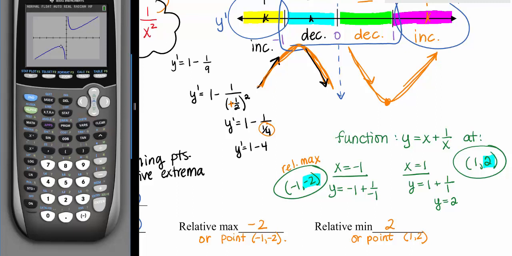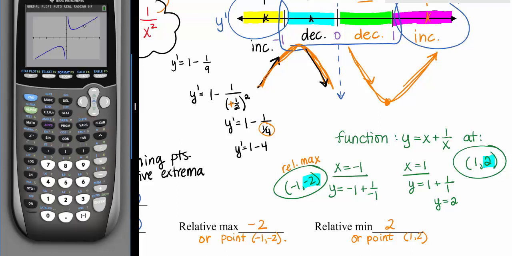And then I'm decreasing from -1 to 0. I can visually see this vertical asymptote or this point of discontinuity on the graph at x equals 0. So then from 0 to 1, I'm decreasing. Again, read the graph left to right, just like you would read your book. And then there's my relative minimum. And then from x equals 1 to infinity, I'm increasing again.